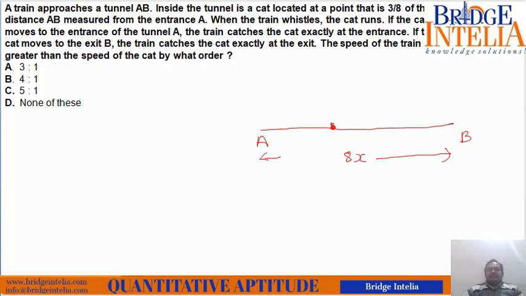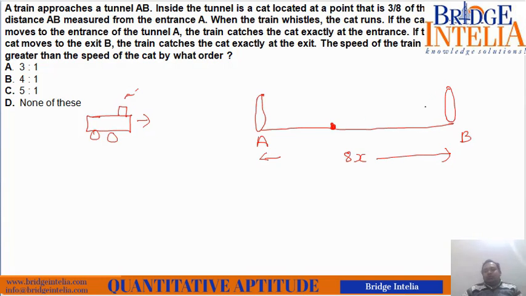So the cat is at such a distance that she is 3/8 of the total distance between the two ends of the tunnel. Now a train is about to enter this tunnel. So let's suppose this is the train. The train is moving. So the cat heard the whistle.